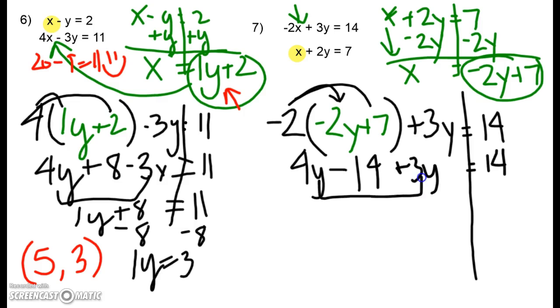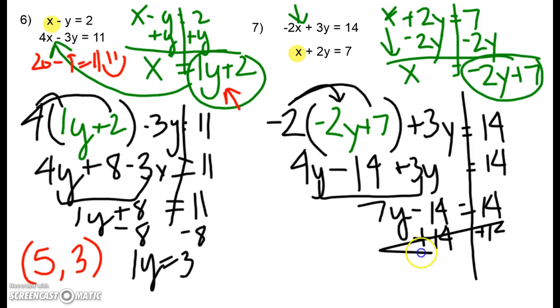So I can put these two together. Get 7y's minus 14 equals 14. Again, always push pause if you can do it on your own. Plus 14, plus 14. Drop down, I've got 7y equals 28.